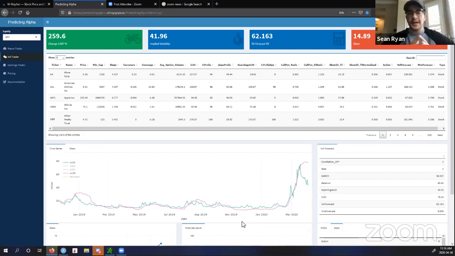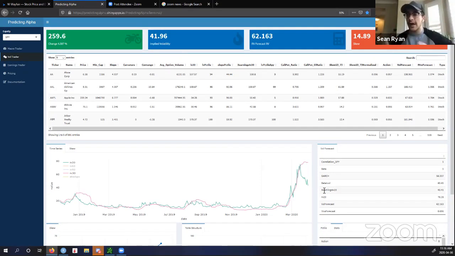If implied volatility is lower than our forecast of realized volatility, typically we want to be long volatility, or buying options. If implied volatility is higher than realized volatility, the market thinks it's going to move more than we think it's going to move. We want to be selling those options, or short volatility, because people are overpaying for those options given how much something's actually likely to move in the future.